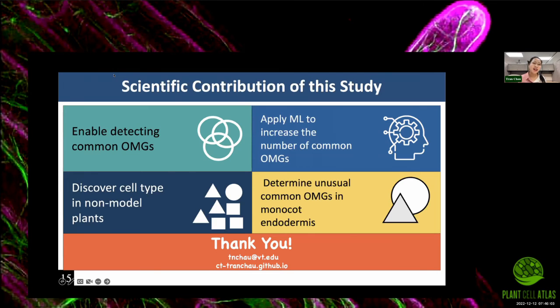Further than that, we also want to apply more machine learning methods, because we realize that machine learning can help to identify more highly specific marker genes compared to the traditional statistical method. So in the future, we will apply our study to identify the OMGs in woody or other plants.